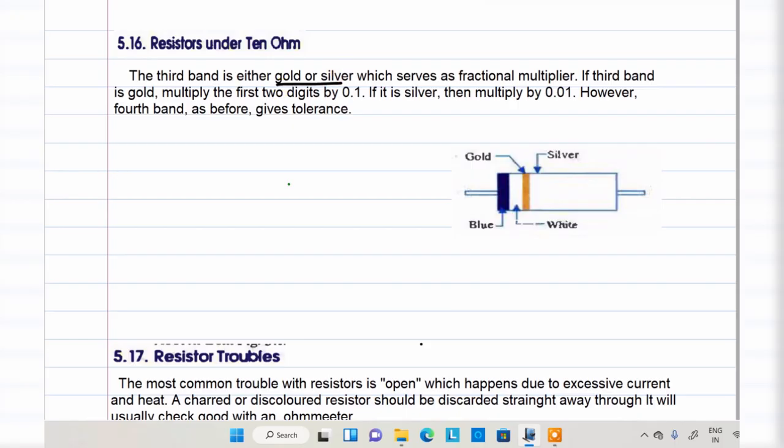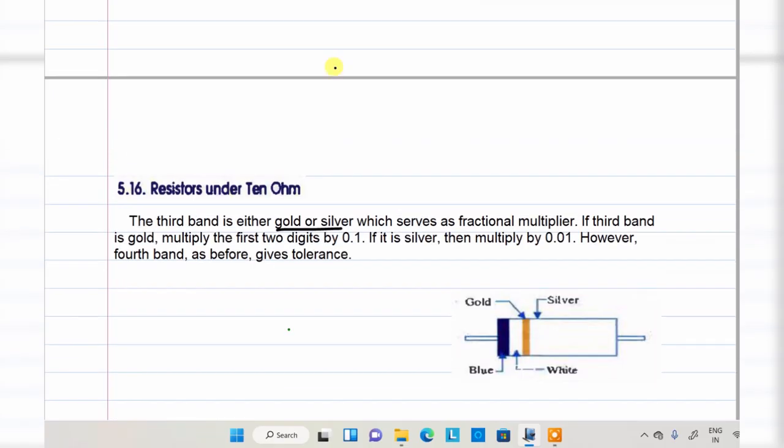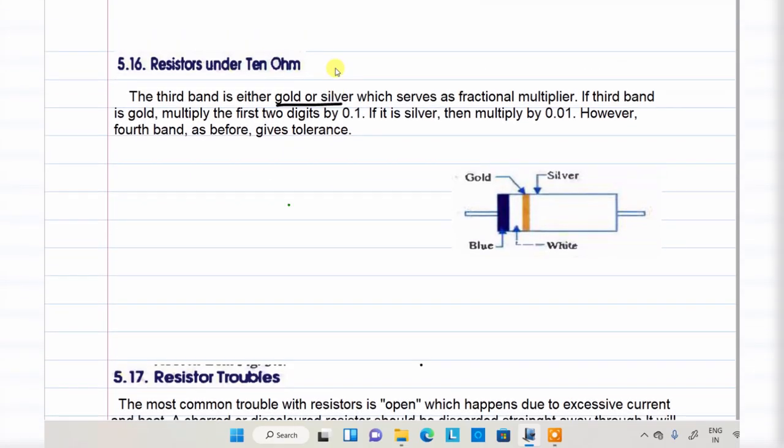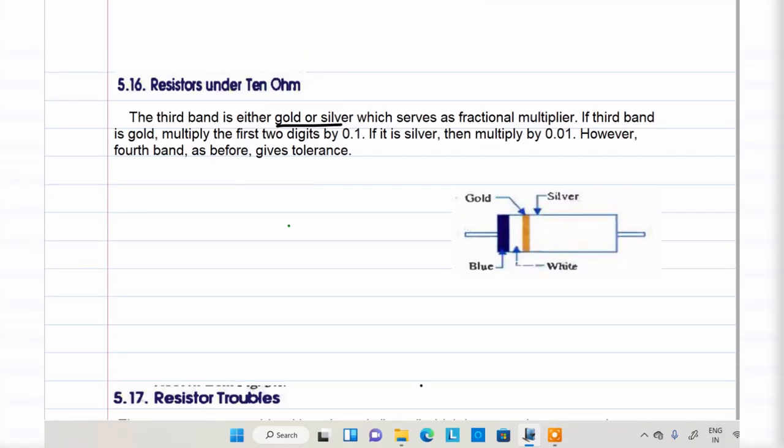In the third band, black is 0 and brown is 1, but how do we take the values when gold or silver is present? If gold or silver is present in the third band, it is a fractional multiplier.